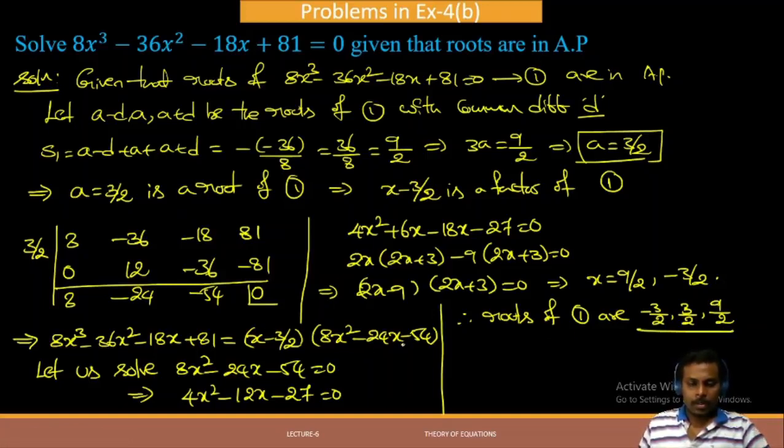Okay, so one can see that these are in arithmetic progression with the common difference 3 actually. Okay, now this way one can find the roots of a given equation when the roots are in arithmetic progression. So this is actually method 1.